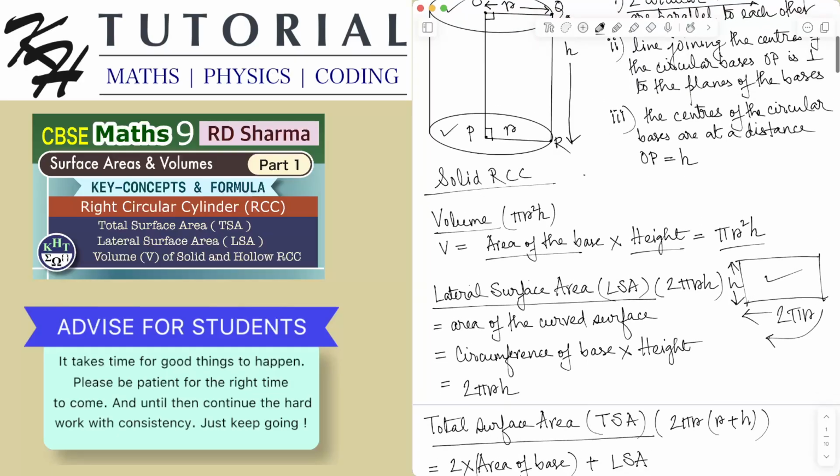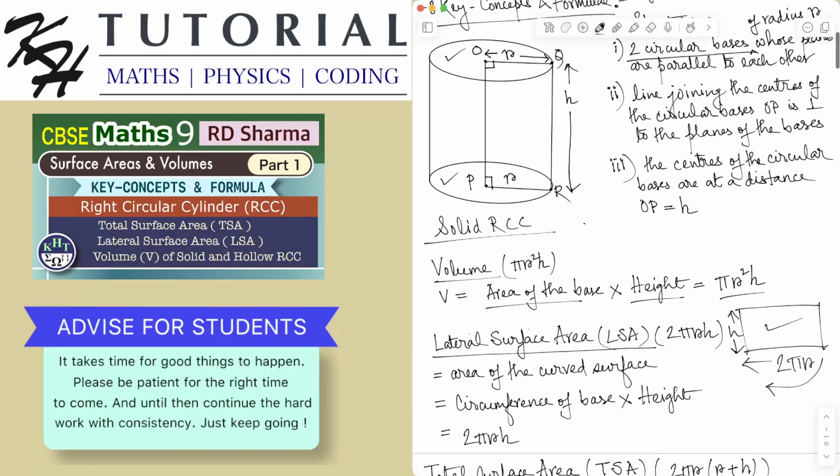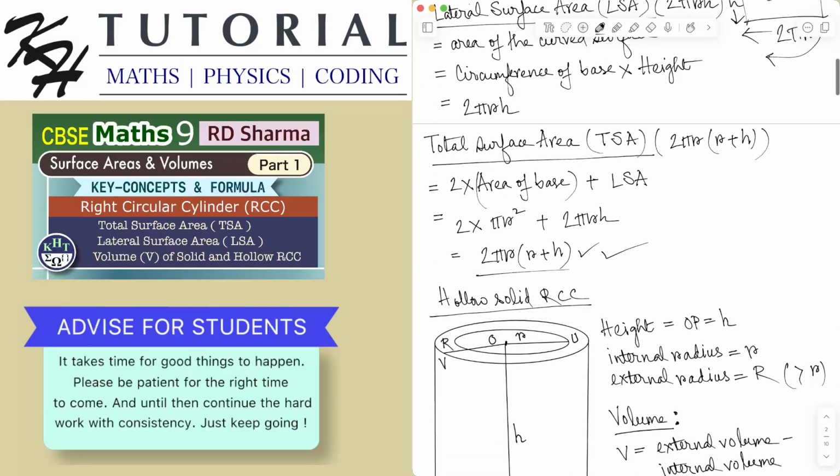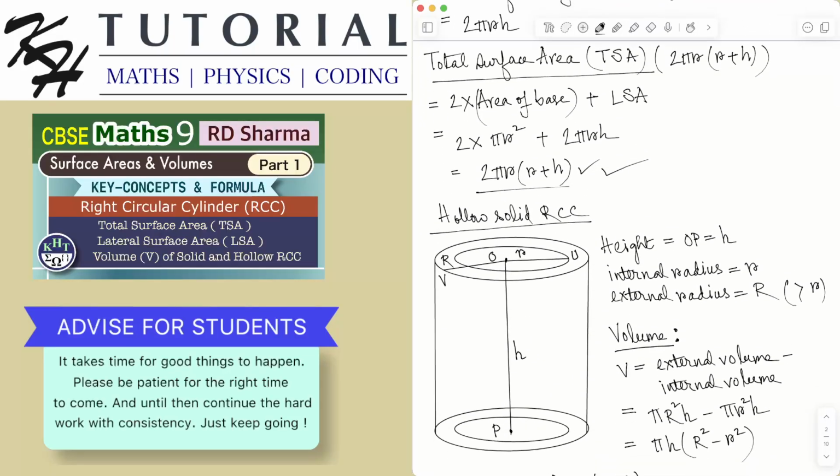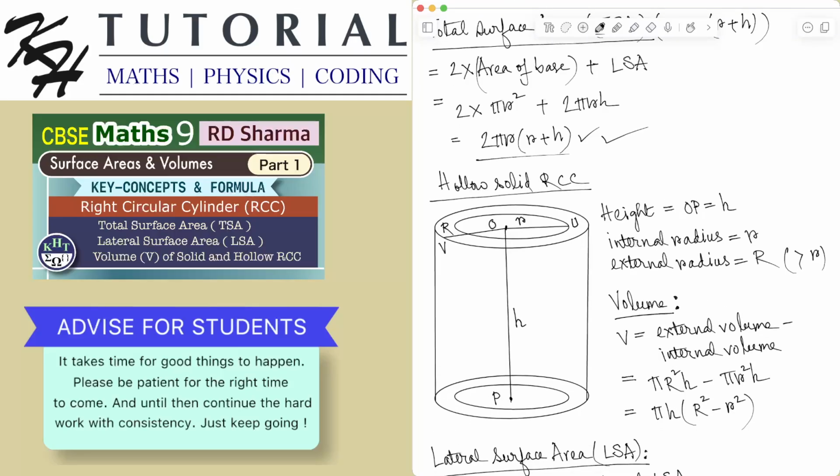Now this was about the solid RCC, that is, solid right circular cylinder. This formula was for a solid right circular cylinder. Now a cylinder could also be hollow and have a certain thickness. Now consider this figure, a hollow RCC, that is, hollow right circular cylinder. The height is h, that is the length between the centers of the two circular end faces.